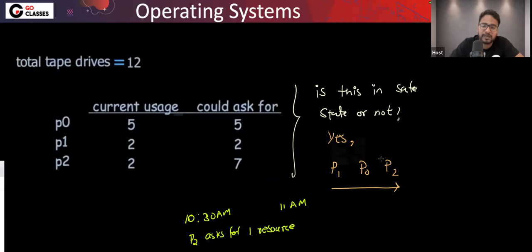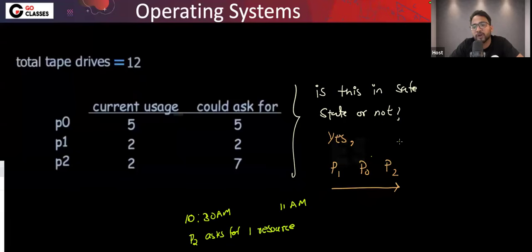Even if they ask immediately, I can ask P1 to complete, then P0, then P2. But currently, suppose P1 is not asking; maybe it will ask in the future. If only P0 or only P2 is asking for something, then the safe sequence is saying it's better to wait for P1 to ask, and then I will finish P0 and P2.